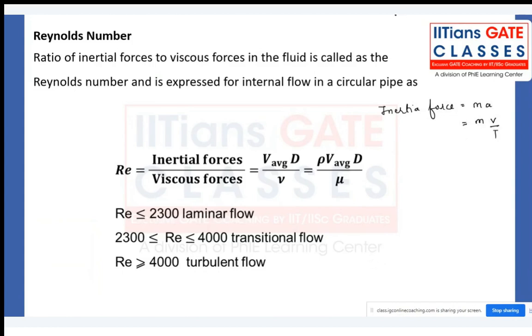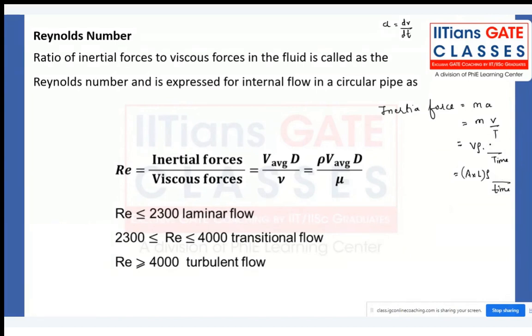Acceleration can be written as dv by dt, but I'm writing in absolute sense V by T. And we know that mass is volume into density. Once again, we can write volume as area into length scale, and this is velocity by time.